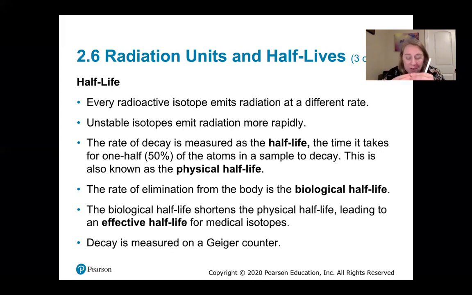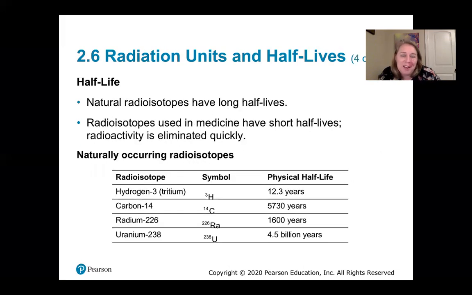If you combine those two, we call that the effective half-life. So what is it really inside of a person? We measure that decay with a Geiger counter. It's a little thing that beeps at you when you have more radiation. You don't want it to beep too fast because that's a bad thing.